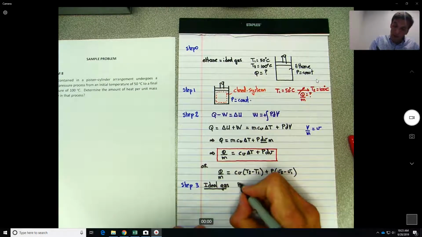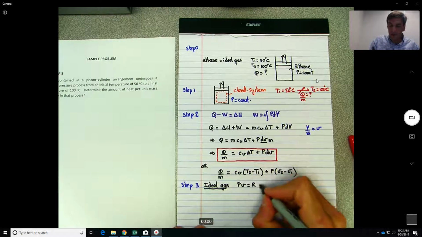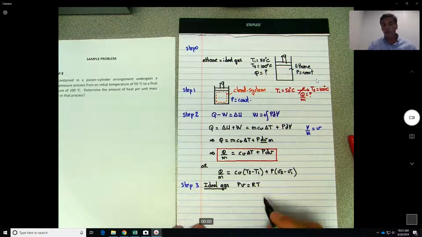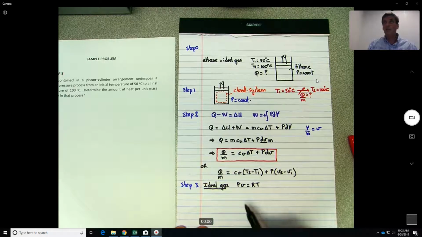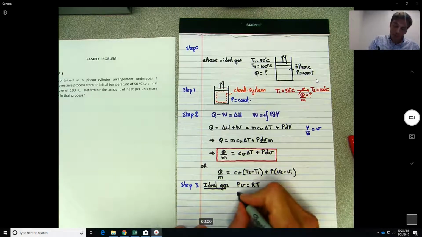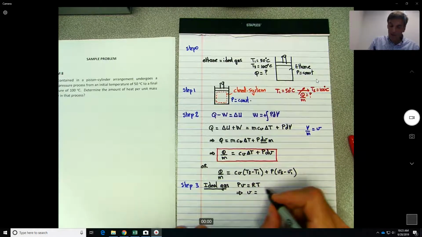We know that for specific mass, the ideal gas relation becomes PV equal to RT. I think I demonstrated that in a previous video. And so from that equation, basically we have that V is equal to RT over P.